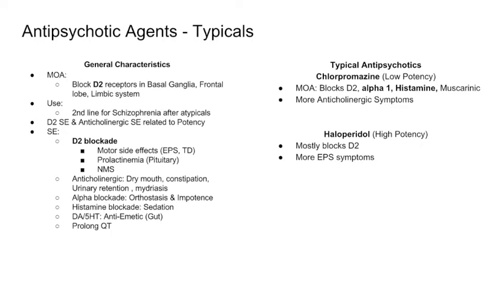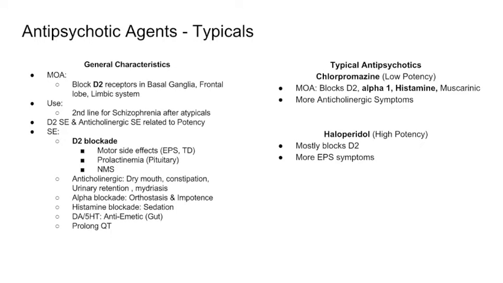So antipsychotics are divided into two big classes: the typical antipsychotics and the atypical. And the differentiation between these is really side effects. When they first came up with the typical antipsychotics, they had a lot of side effects because they were not clean drugs. They were not specifically targeting the dopamine.